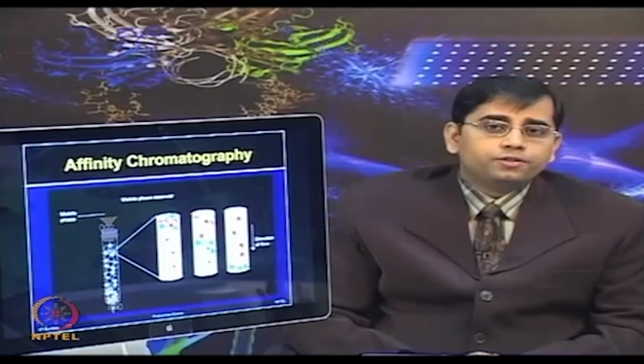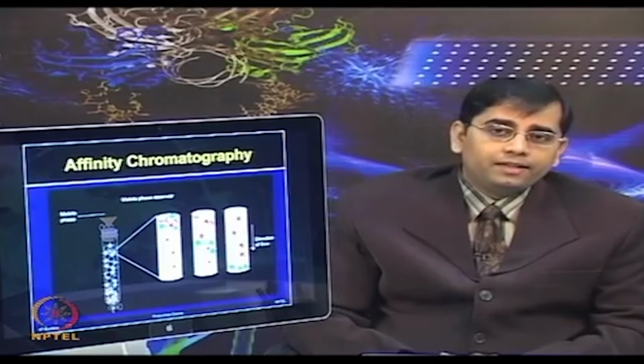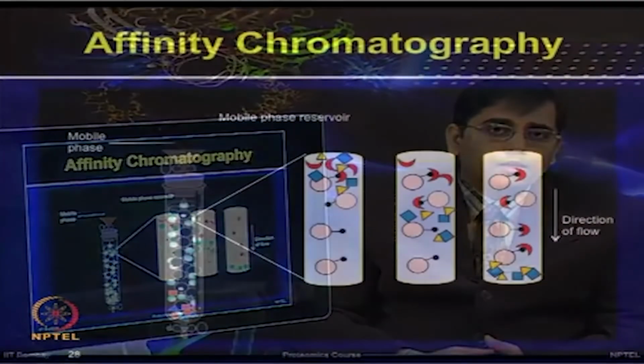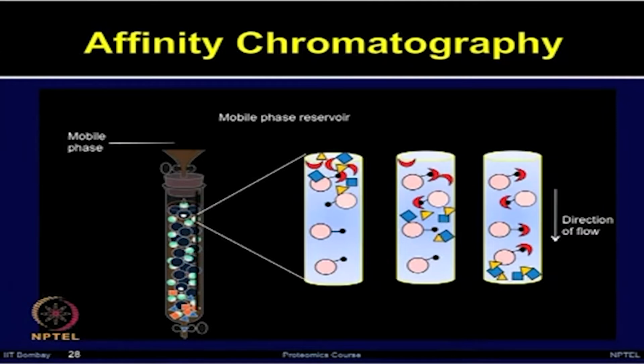Now, the column is washed with a suitable mobile phase to remove the unbound proteins, and the protein of interest, which has higher affinity for the ligand, remains bound to the derivatized column matrix and is not removed during the washing step. Now, these proteins of interest can be desorbed by applying excess ligand in the solution.